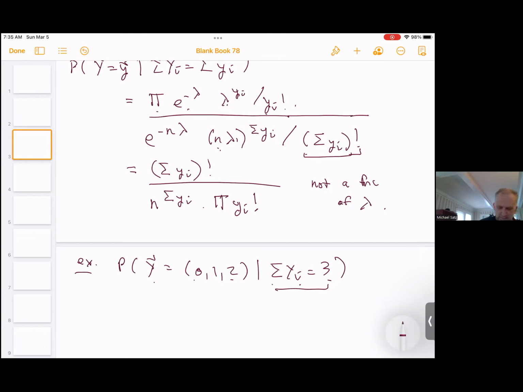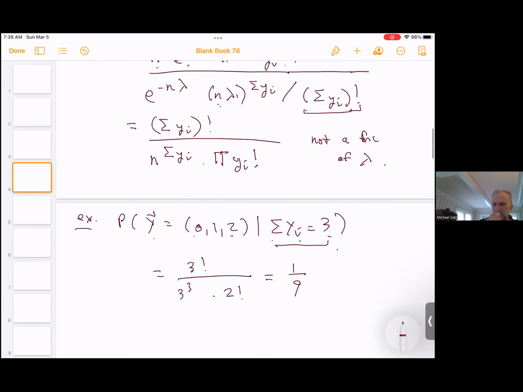So this would be equal to 3 factorial. I have n is 3 and the sum is 3 also, so I have 3 to the 3, 27. And then I have the product of the factorials. That's just 1, 0 factorial, 1 factorial, 2 factorial. So that's just 2. And so you get 3 over 27 times 2, so you get 1/9.